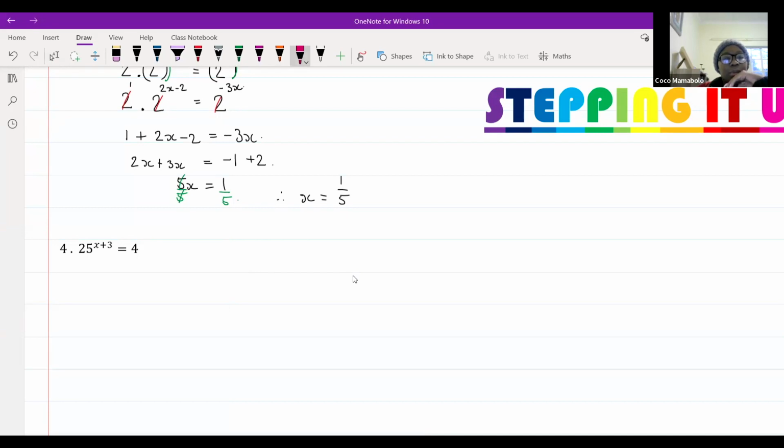I've got 4 times 25 to the power of x plus 3 is equal to 4. What would we do? Divide on both sides. Correct, we divide both sides by 4. Divide by 4, divide by 4. And those two will cancel. However, now I've got 25 to the power of x plus 3 is equal to 4 divided by 4 gave me 1.